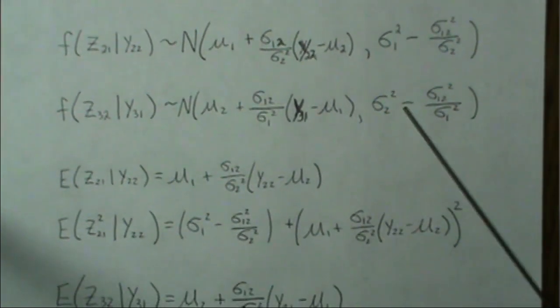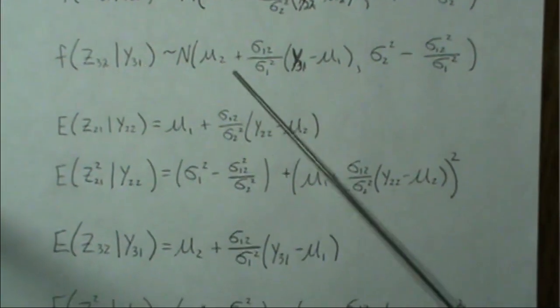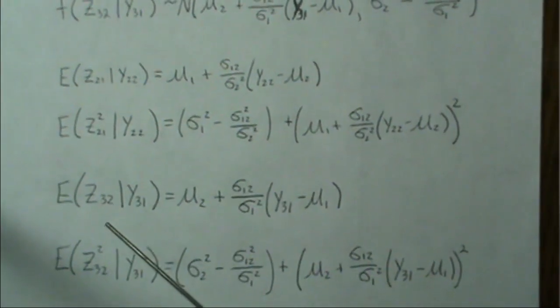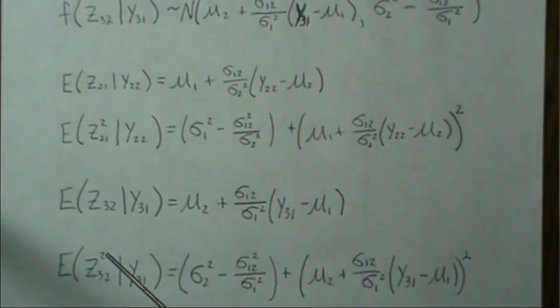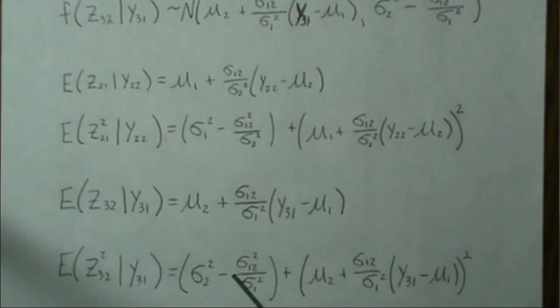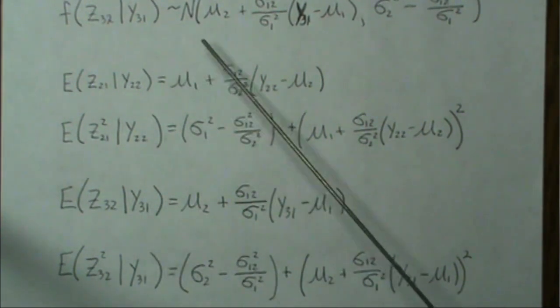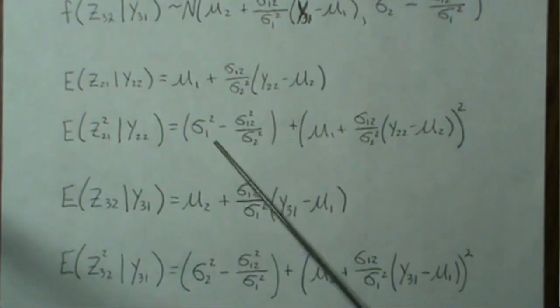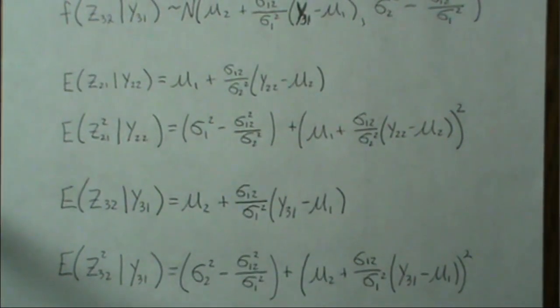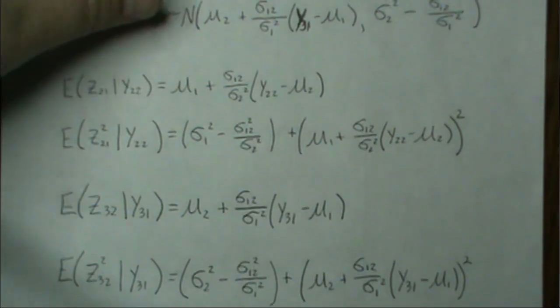We can do this for this equation here too. The expected value is just the mean, and the expected value of z32 squared is the variance plus the mean squared. So we will need to substitute these values into the log likelihood for the missing observations.